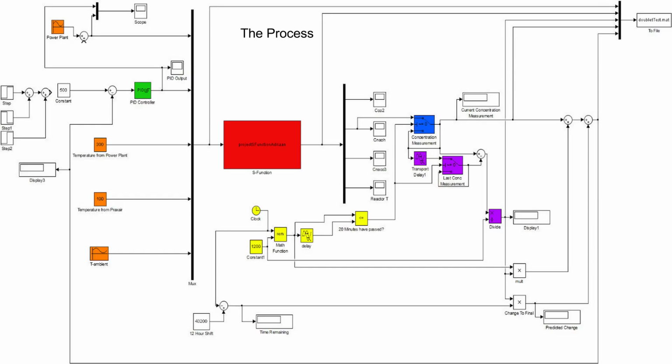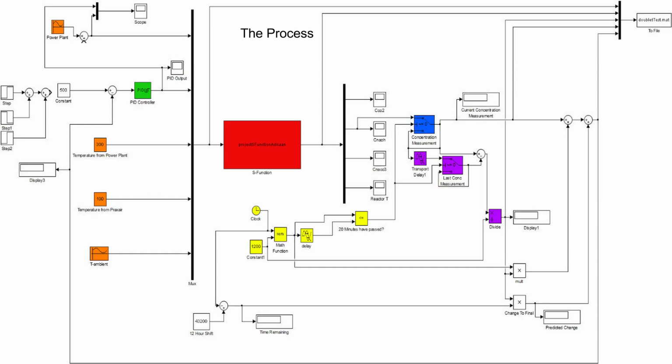However, we can only use the concentration of the sodium hydroxide every 20 minutes in order to control this process. So we made a block, the yellow block sends a signal every 20 minutes to get a concentration measurement from that output of the S function.